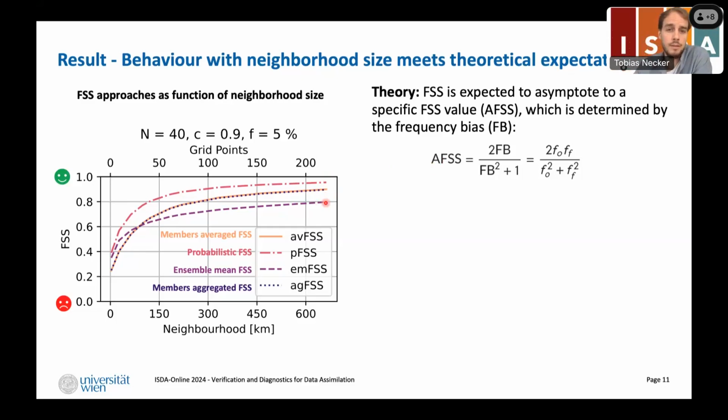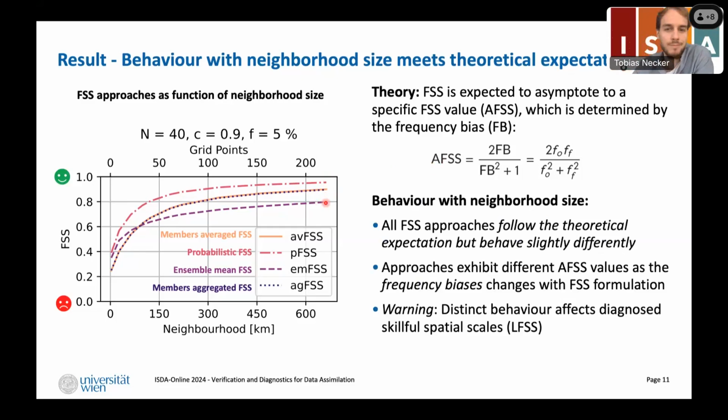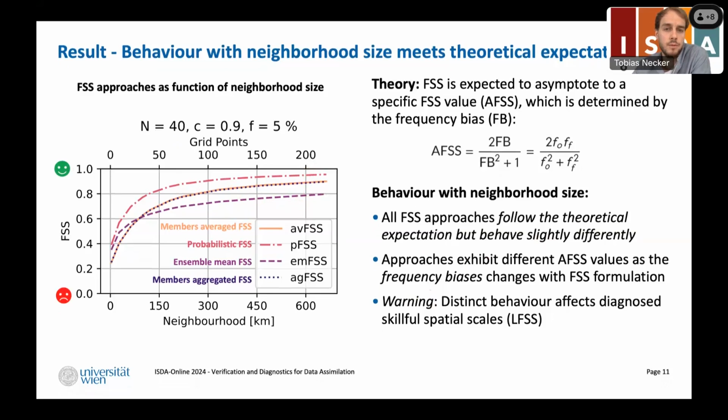And all FSS approaches follow this theoretical expectation, which is good. A small warning: if you want to use the FSS to diagnose skillful spatial scales, you need to be aware of this different behavior with the frequency bias.